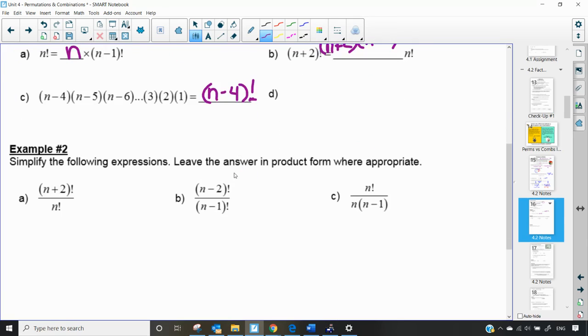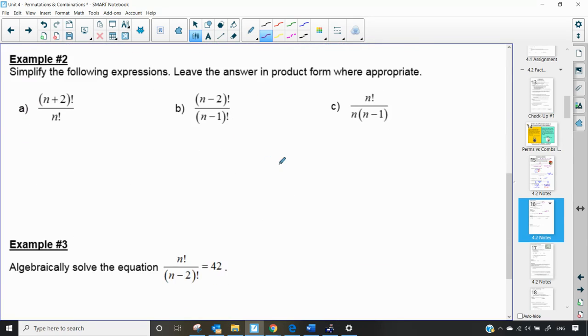So we're going to take a look at how to break these down algebraically. The first one here, we've got n plus 2 factorial all over n factorial. Just like before, when we're breaking these down, we want to start by looking at the biggest value. So we have an n plus 2 on the top and an n on the bottom, which would be equivalent to n plus 0. So n plus 2 is going to be a bigger number than n, so that's where we're going to start.